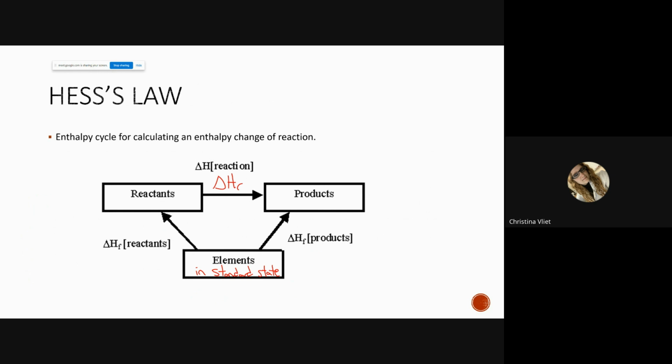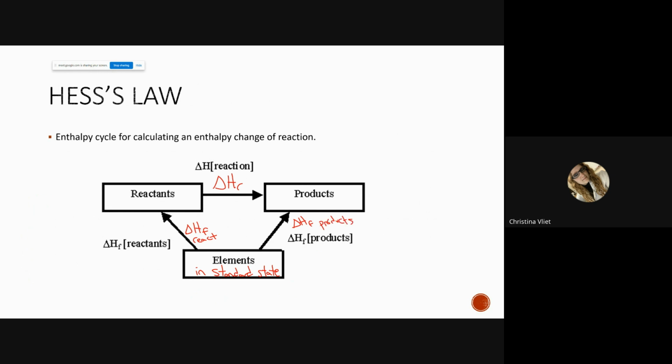The elements going to the compounds on the reactant side is called delta HF for your reactants. The elements going to the products is called the delta HF for the products side.